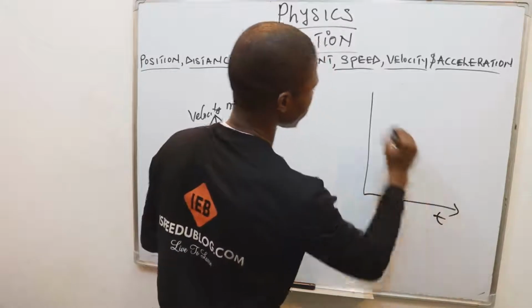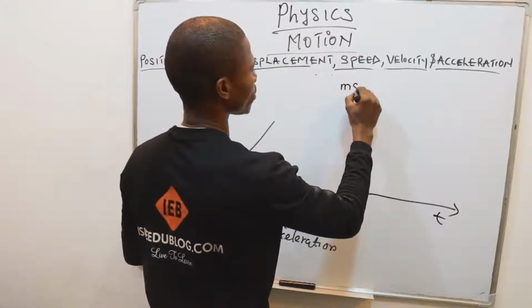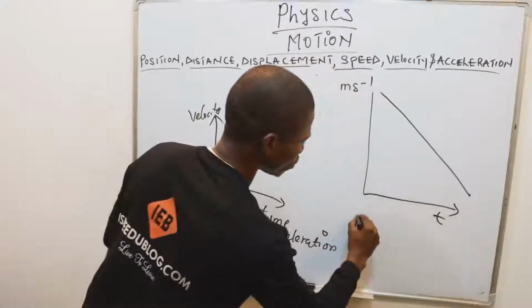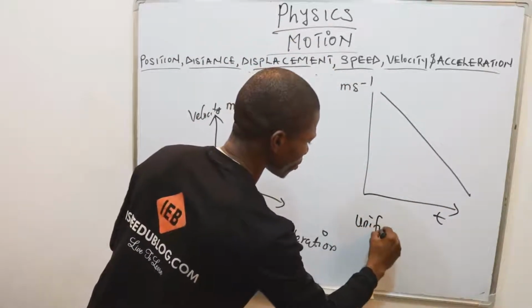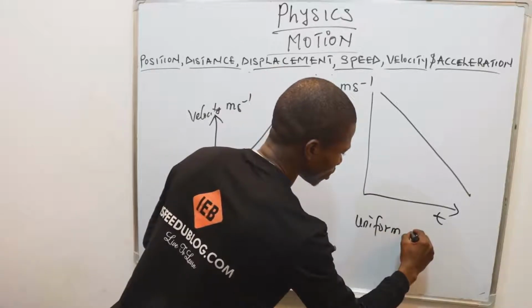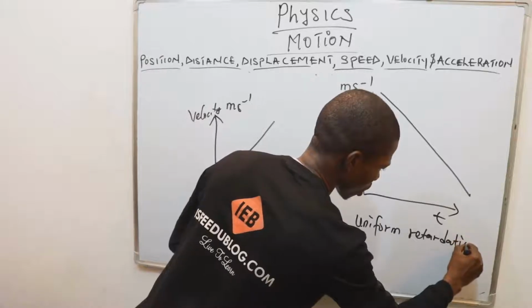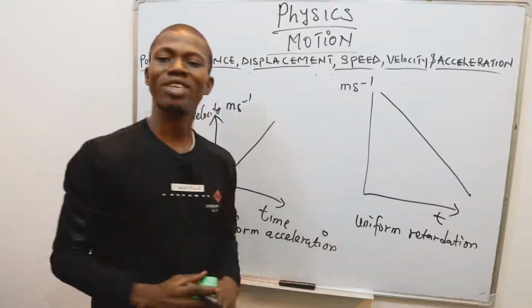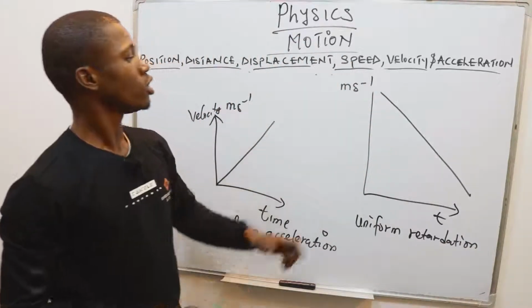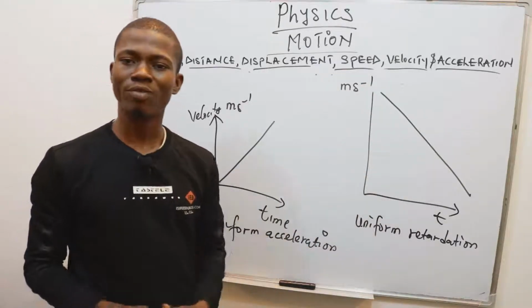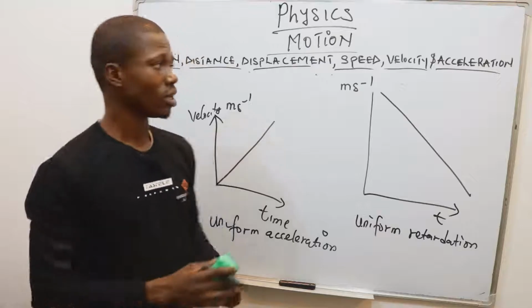Here is our time, here is our meter per second, which is our velocity, and this is the graph of uniform retardation or deceleration.